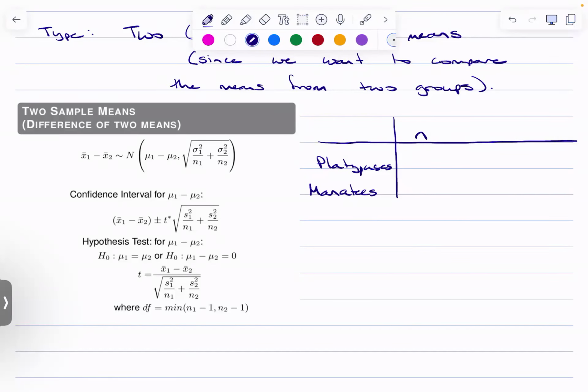Right? I know that each of them will have a mean, and I know that each of them will have a standard deviation. Definitely, if you see a table like this, it will often be a two sample means problem. Right? Notice that there's no differences as well, right? No mean of the differences, no standard deviation of the differences.